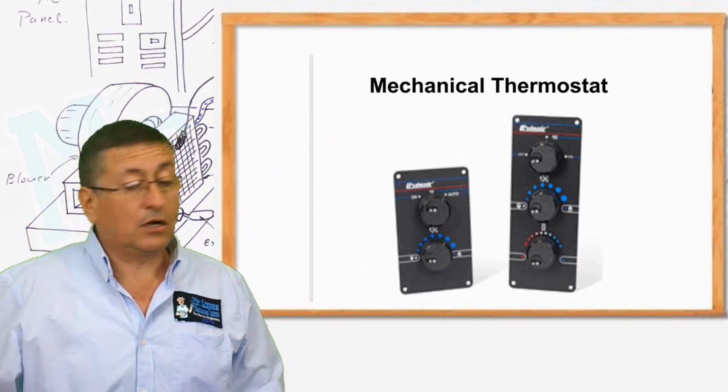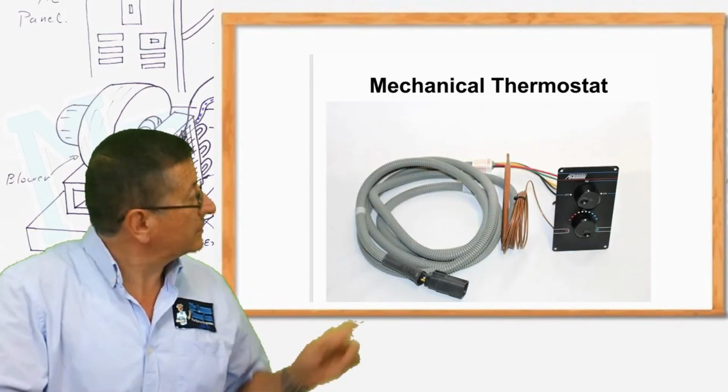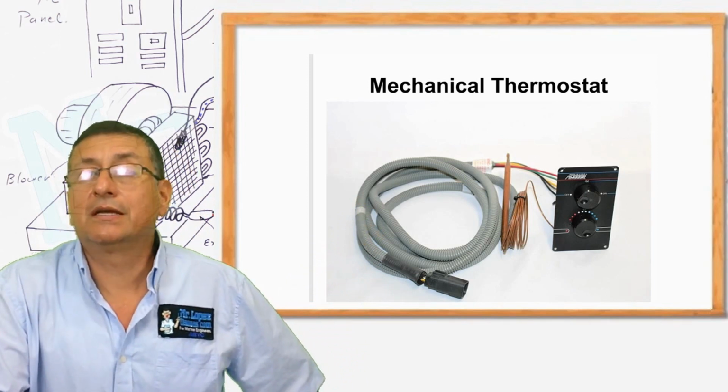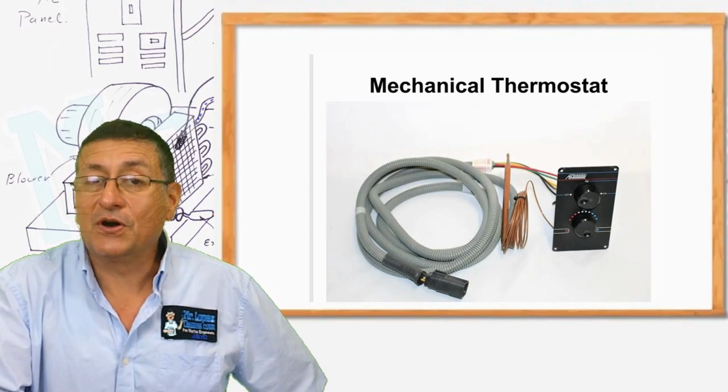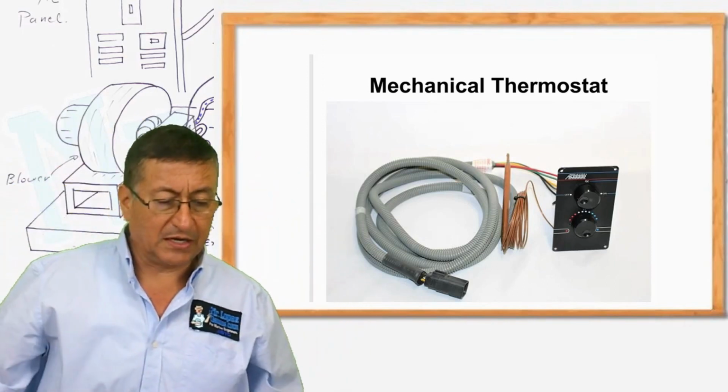Of course, this element has a sensor, the sensor that you see over there. The sensor will be located in the suction side of the evaporator, where the air filter is located. You remember this picture?